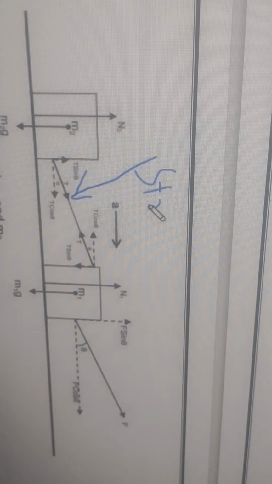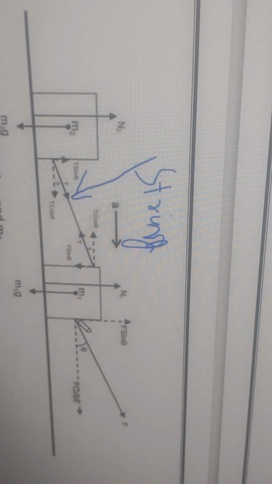Two bodies are attached by a string, and this is a string, and they are pulled from this point.